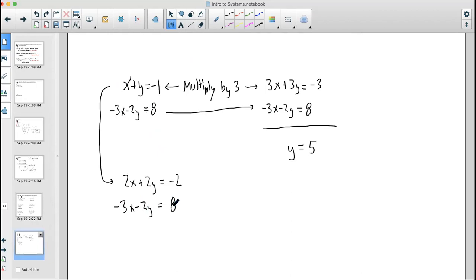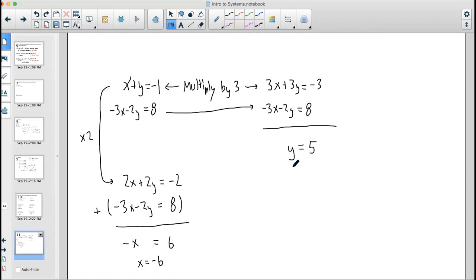Multiplying this one by 2 gives me opposite coefficients on y. Then I add those together, I get 2x plus negative 3x is negative 1x. 2y plus negative 2y is 0, and negative x is 6, which means x is negative 6.